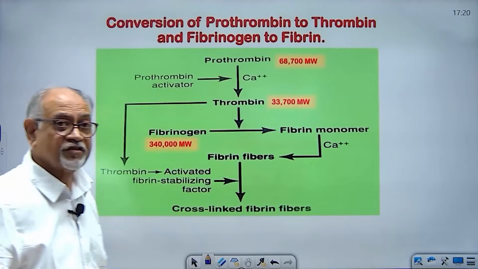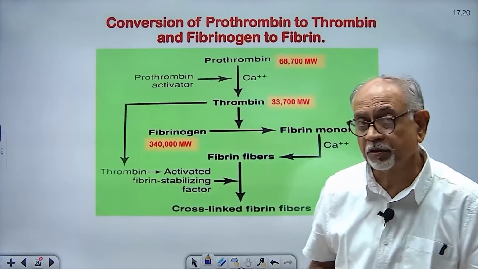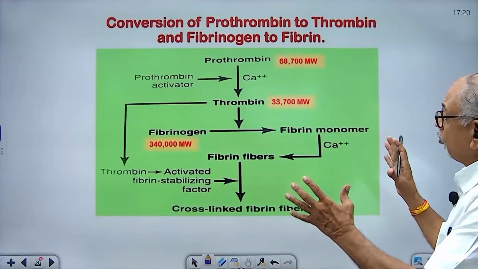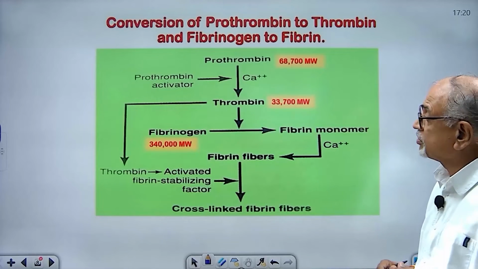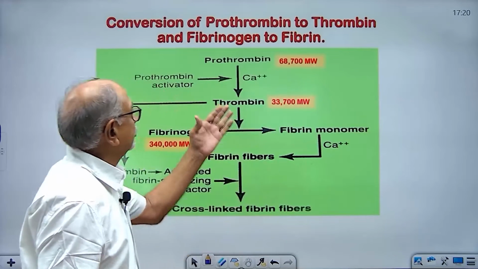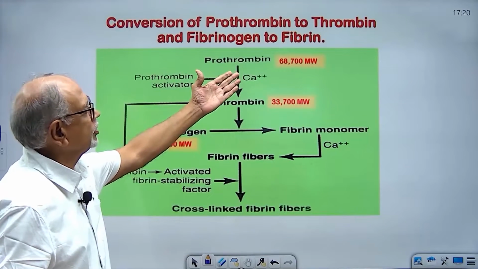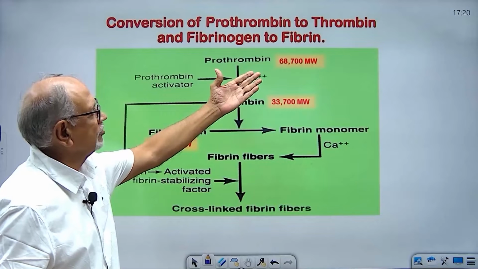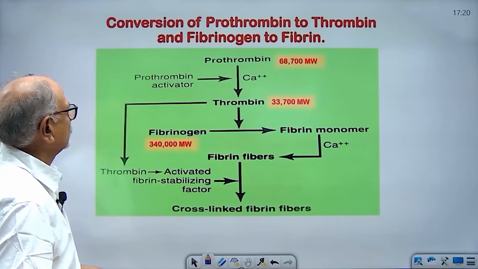Now, here in this picture, you can see the whole process depicted in a flow chart. The prothrombin is a molecule of about 68,700 molecular weight.